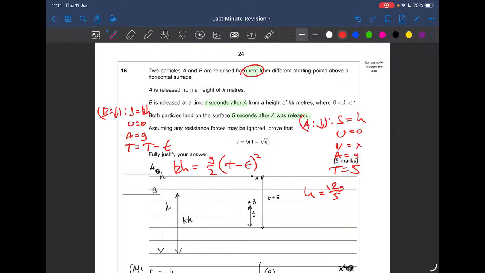Yeah, 12g on 5. So let's go on this side then and plug that in. So this is going to be 12 kg on 5. And we know that the big T was 5, so it's 5 minus t. So that should be 5, and this thing should be what we have up there.